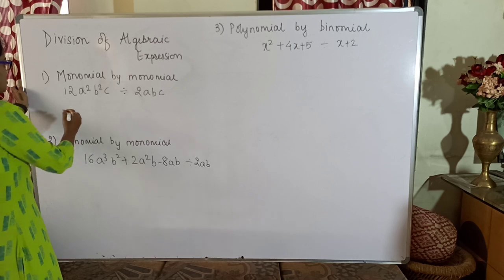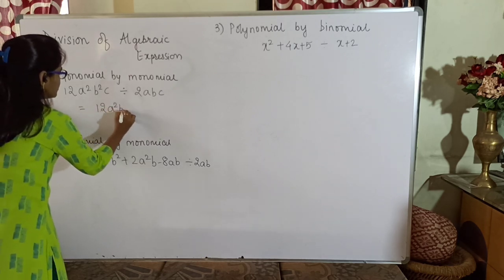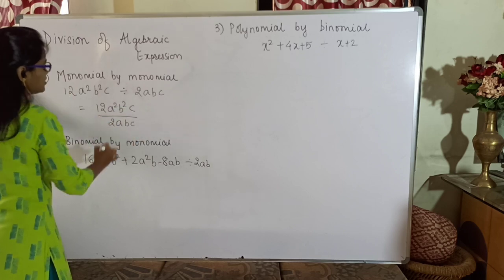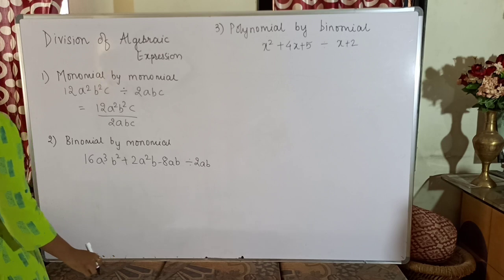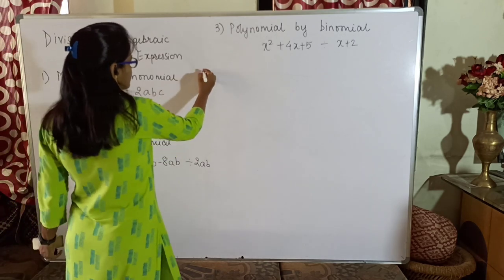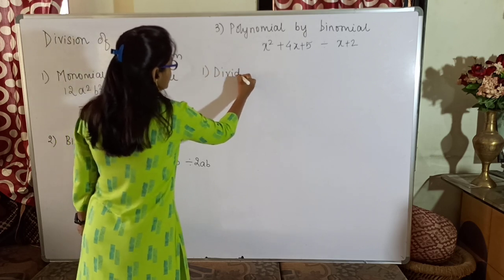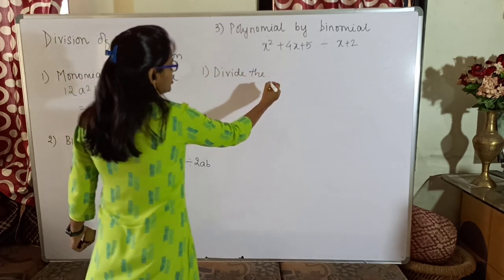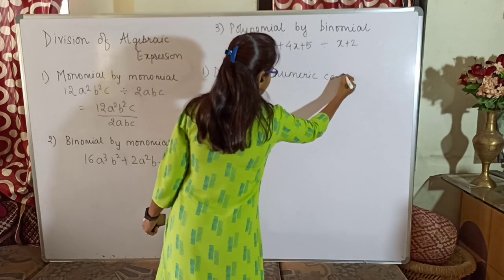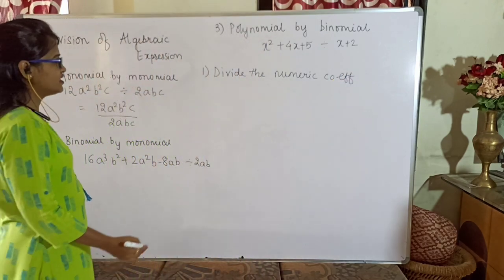So how to divide them? Let me write it down in the division form. The steps for dividing the algebraic expression say, the first step says divide the numeric coefficients separately.